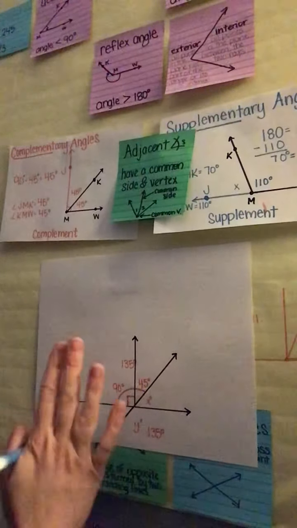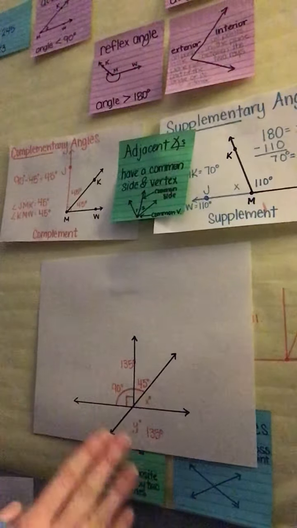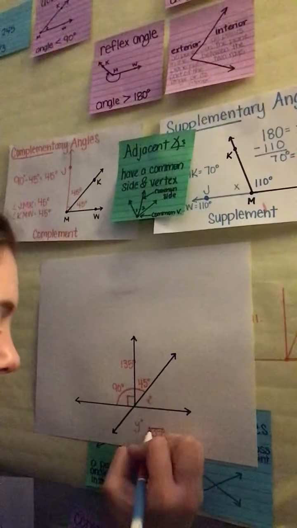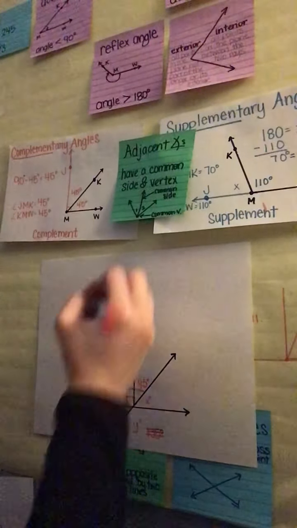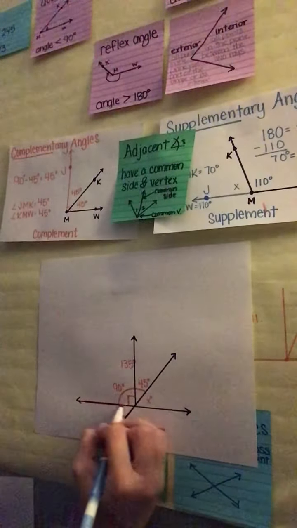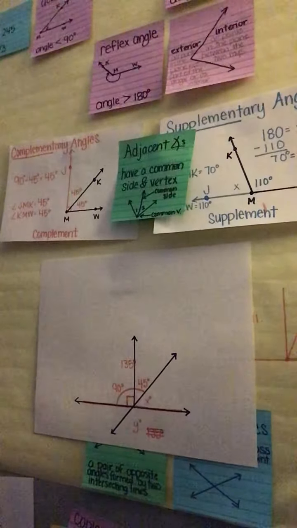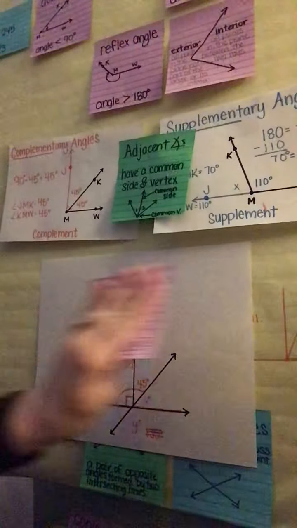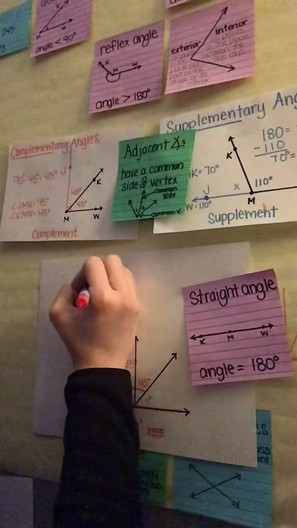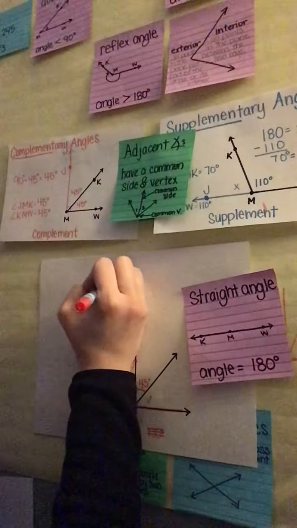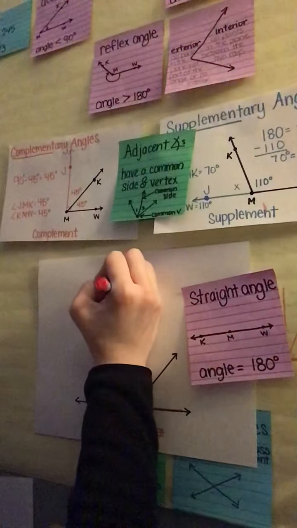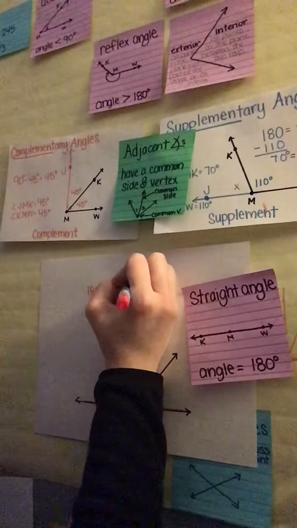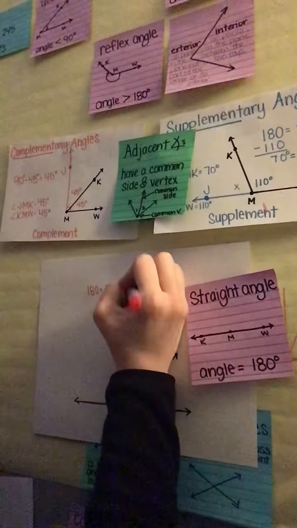Now, what if I didn't see that? I could figure it out without even looking at that. I know that this right here is 180 degrees. It is a straight angle. 180 degrees equals 90 plus 45 plus x.